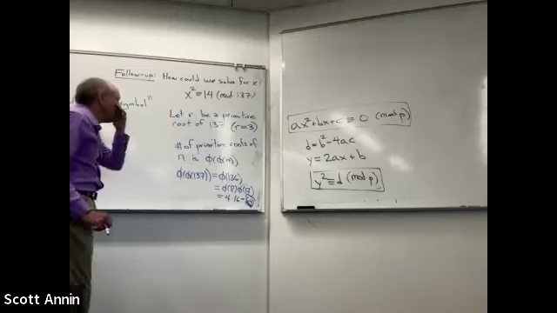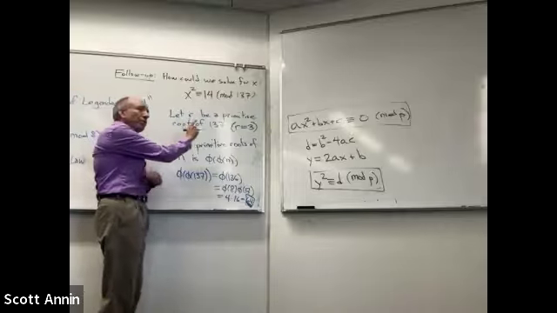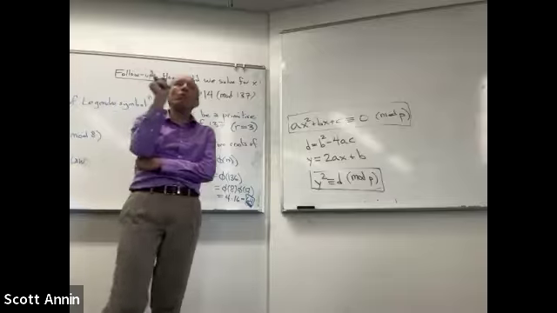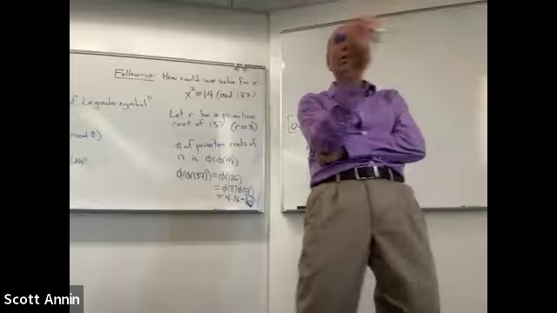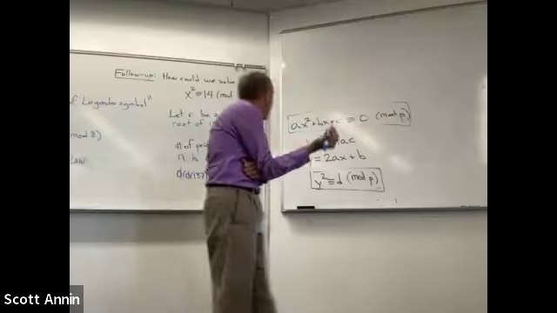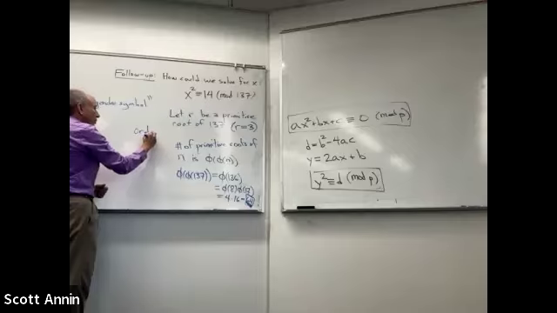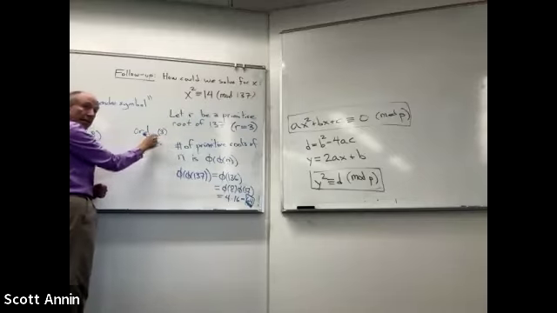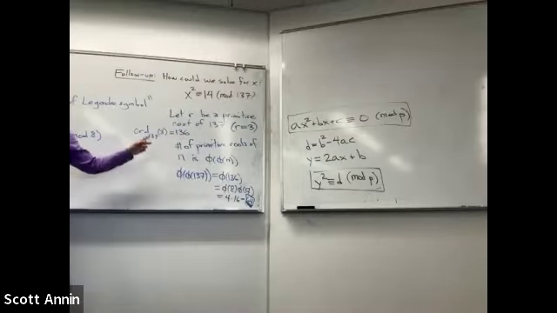For example, any primitive root of 137 should have order 136. It's always one less than whatever the n is that you're working with, right? So if it's really true that the order of 3 mod 137 is 136, then I can already tell you that the order of 3 squared will only be 68.